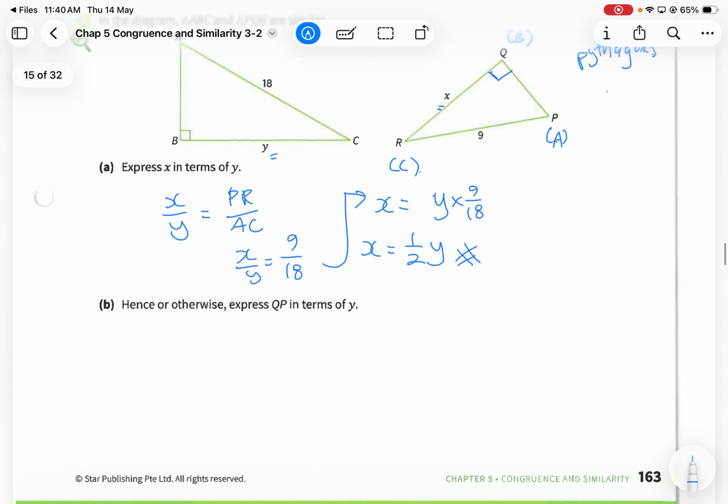So by Pythagoras theorem, the longest side square, thus the longest side is 9. 9 square is equals to x square plus qp square.